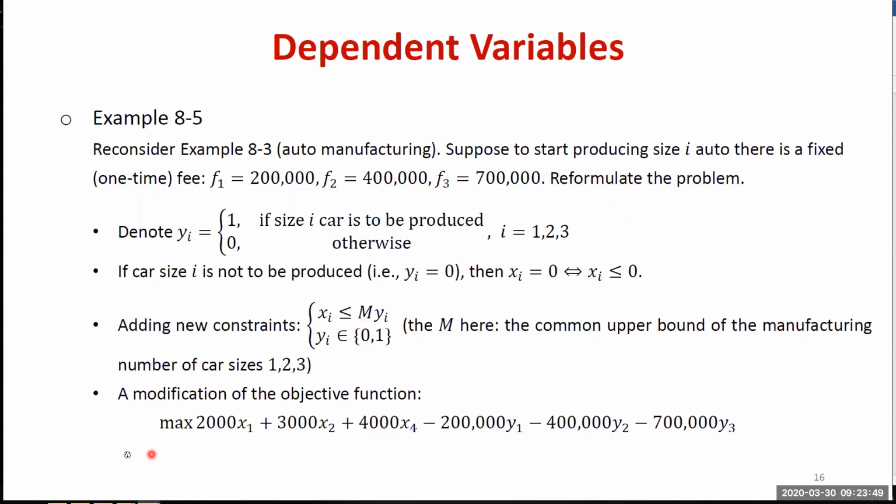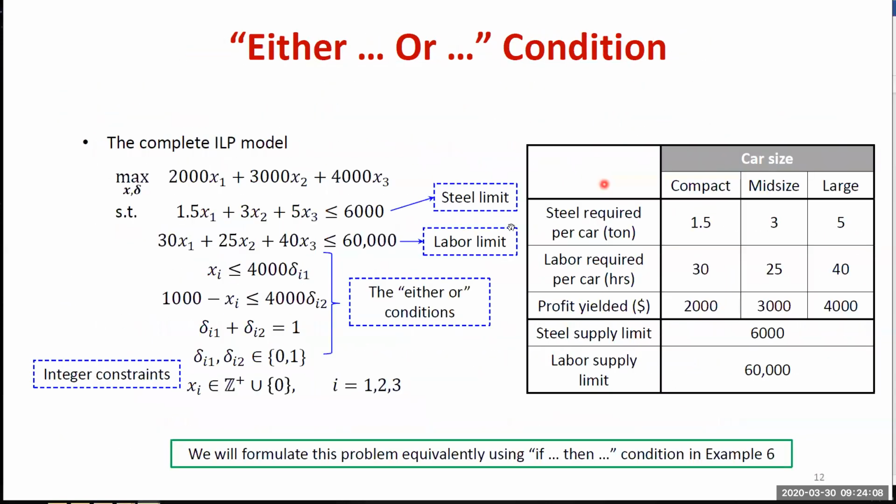And we also need to change the objective function. Why? Because it is not simply in this way. This is our profit function, remember? Which is here. Let me see that. So in this example, this is our profit function because I want to maximize my profit, right? And the profit function is here.